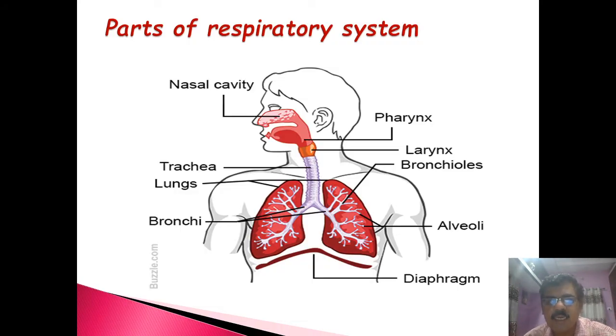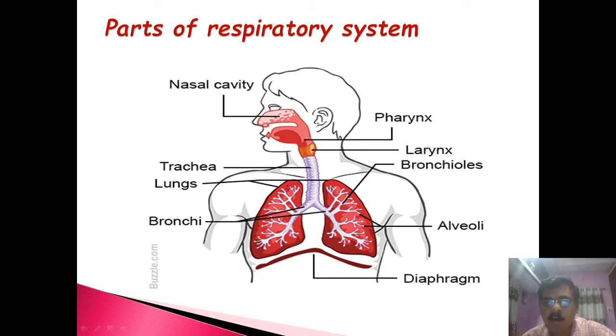These are the parts of the respiratory system: the air is taken inside by the nasal cavity, and then it reaches the pharynx and then the larynx. Then this one is the trachea, and this trachea leads to the bronchi, and these bronchi branch into the bronchioles, and the last one, which is the respiratory unit, is the alveoli, and these alveoli form the lungs.